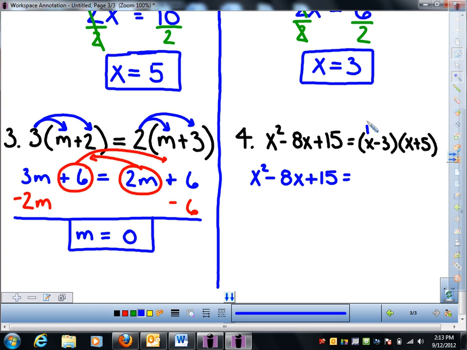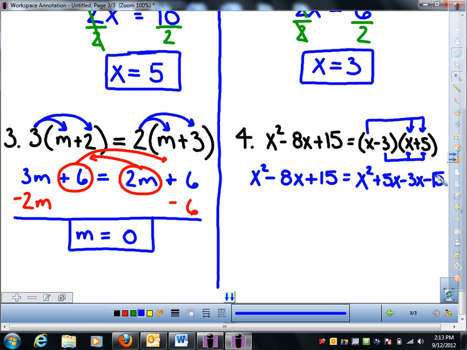So to multiply these, here's what we're going to get. I multiply the x times the x, which gives me an x squared. The outside, x times the 5, will give me a plus 5x. The inside, when I multiply those, will give me a negative 3x. And the last, when I put those together, will give me a negative 15.